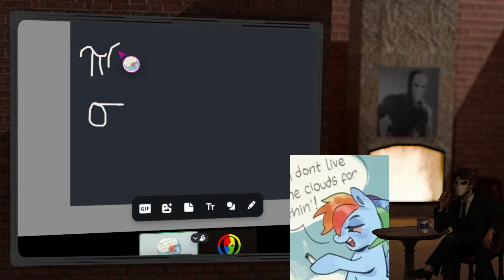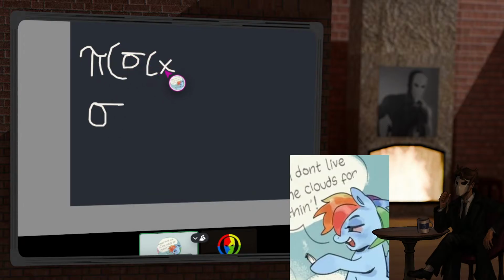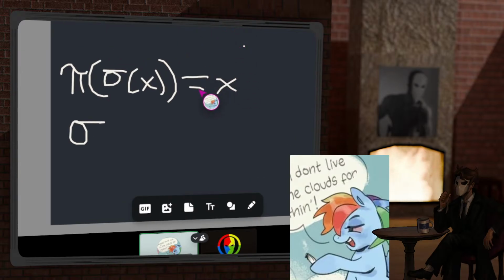If you take pi of sigma of some point on the base space, you realistically get a point on the base space back.